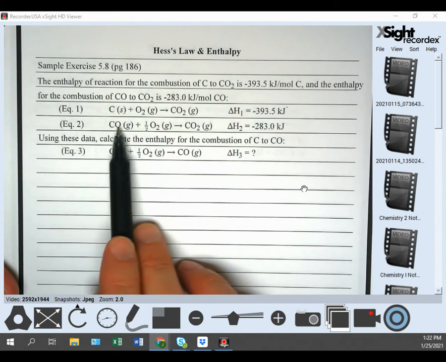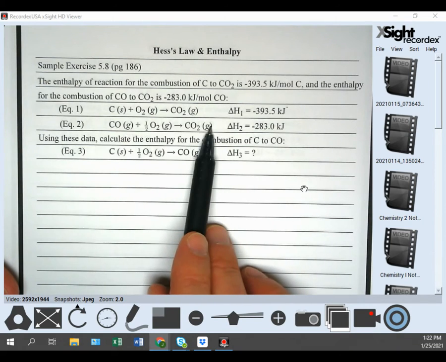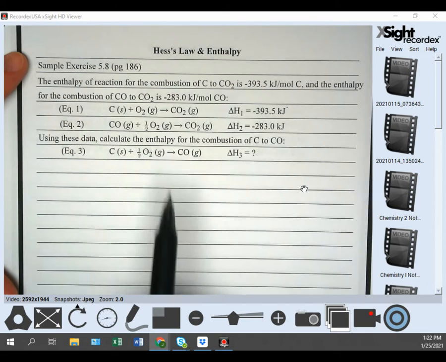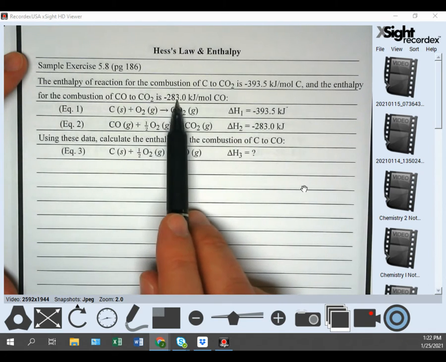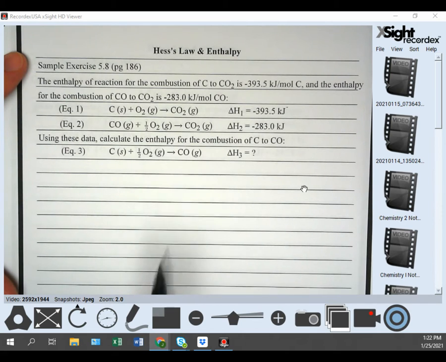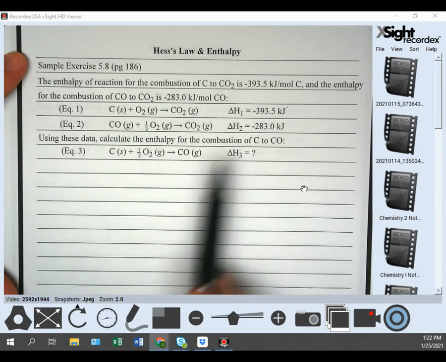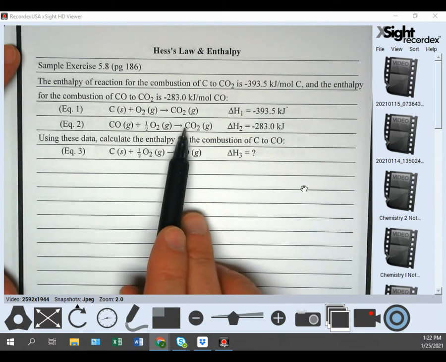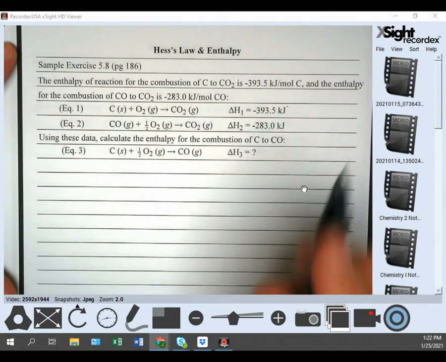So again, carbon monoxide plus oxygen, we're just producing CO2, kind of a different type of combustion. Now, negative 283.0 kilojoules per mole of carbon monoxide. Right? Okay. Here's where the balancing part comes in, the weird part.